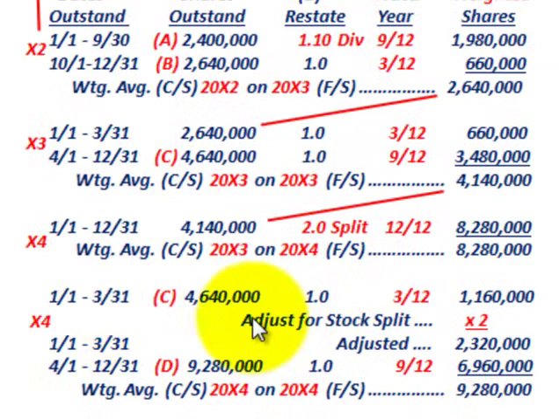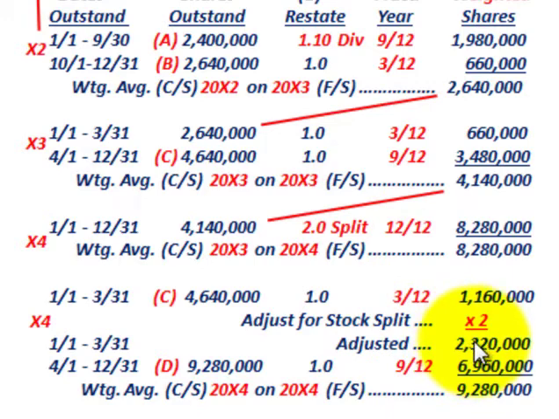So let's go down here just one other time, looking at this stock split. Just to sum everything up, I didn't want to confuse things for 20X4, what we would report on the 20X4 financial statement. So again, that was after the stock was issued, and that was for the first 3 months of the year. 3/12 of that equals that, and then we had to adjust that. And that's our adjusted amount, and that would be for 1/1 through 3/31, the first 3 months of the year.